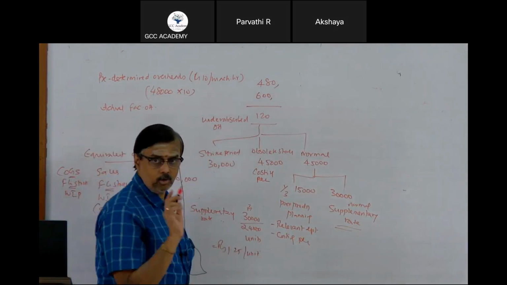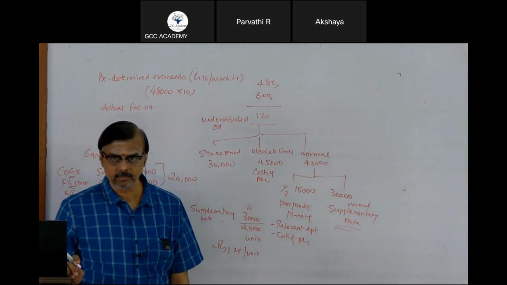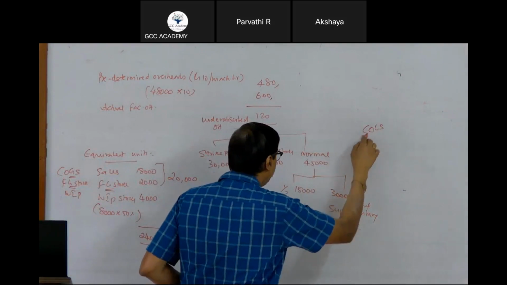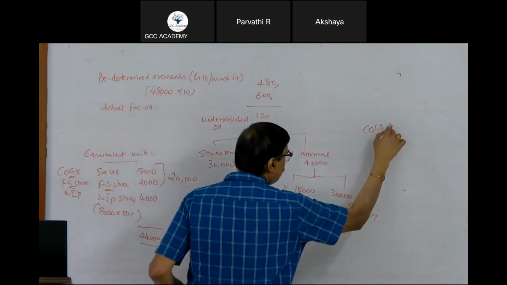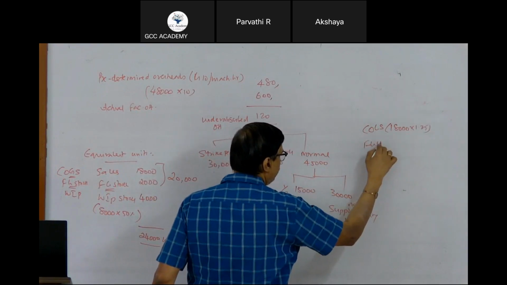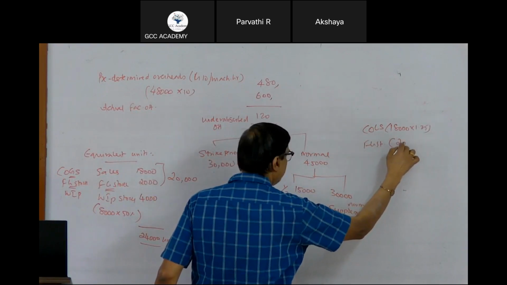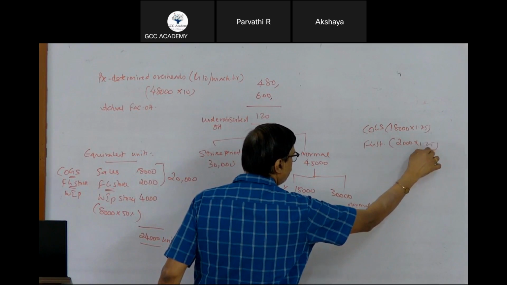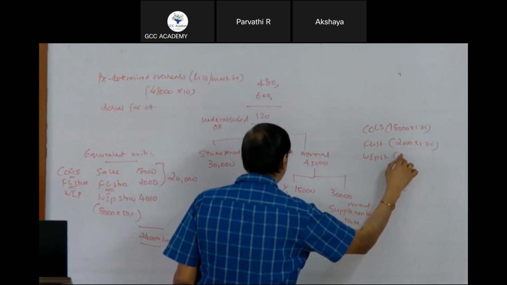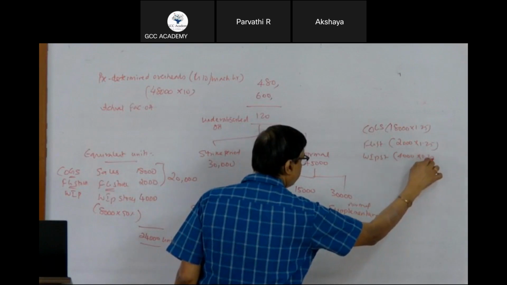Now we need to account for the final step. Carefully observe, I'm going to pass an accounting entry. Cost of goods sold account debit is 18,000 units into 1.25. Finished goods stock account debit is 2,000 units into 1.25. And WIP stock account debit is 4,000 into 1.25.